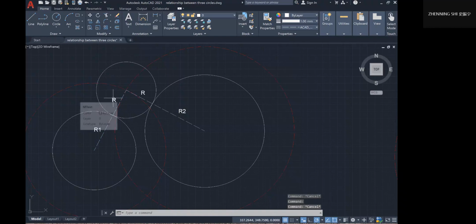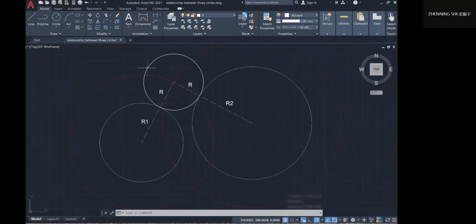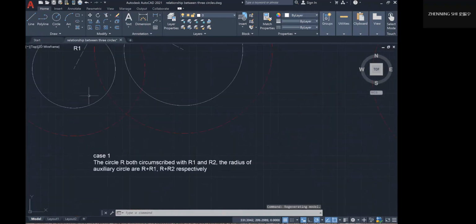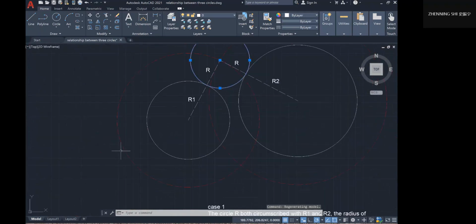If I want R circumscribed with R1, also, if you put the center of R on the auxiliary line, you can get many positions for the center of R if you find this auxiliary line.